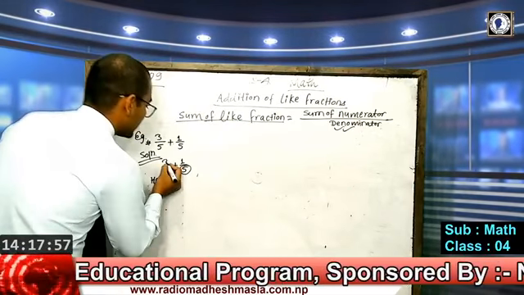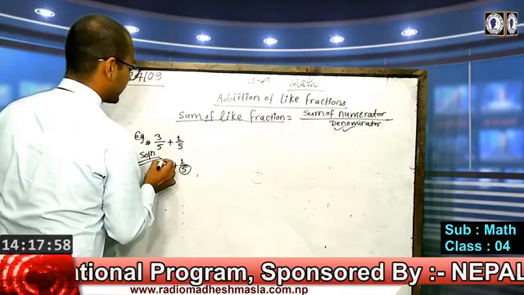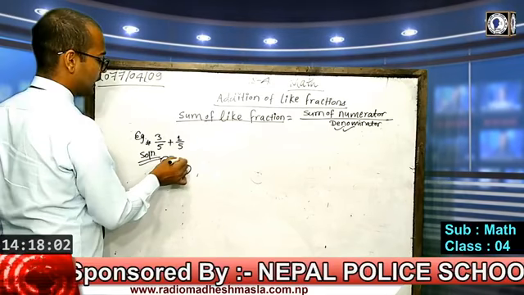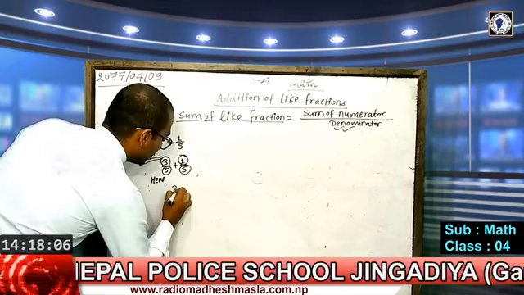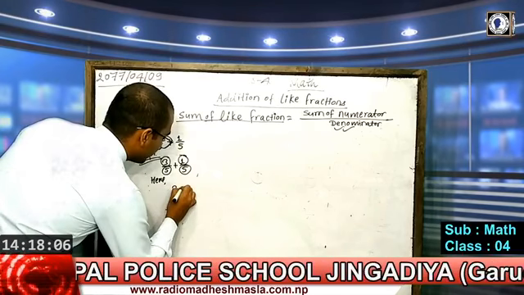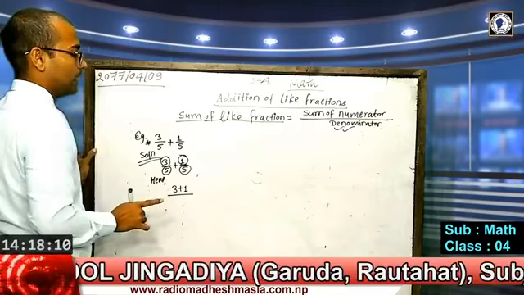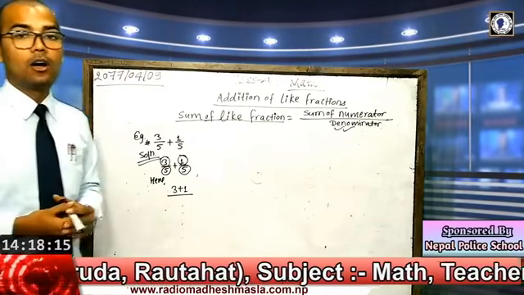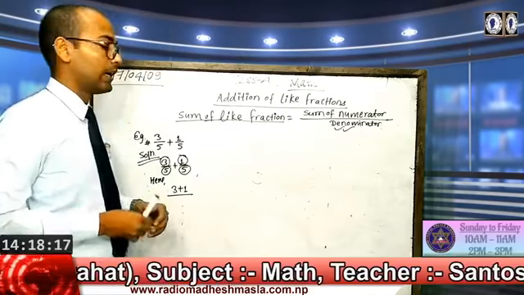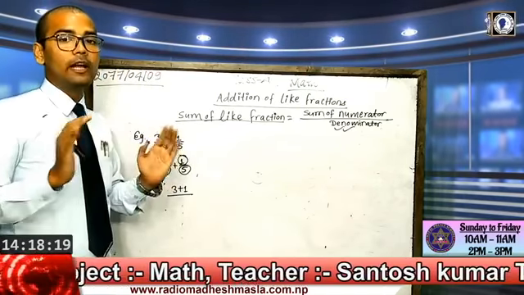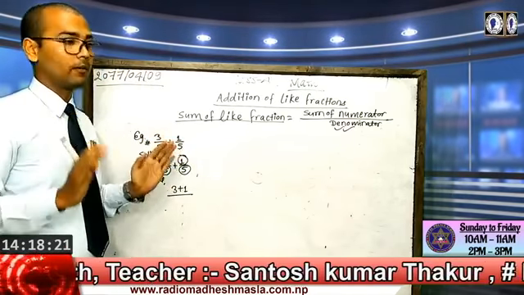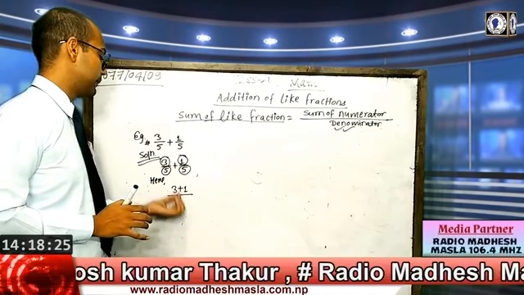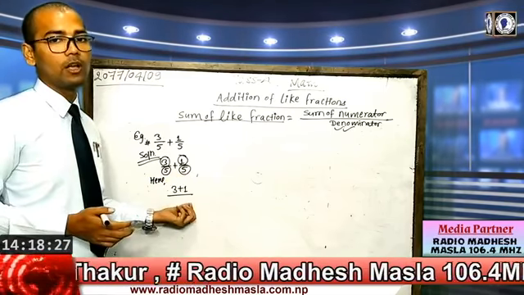What are the numerators of these two fractions? The first one has 3 and the second one has 1. So here 3 plus 1, that means sum of numerators. We should only add the numerators if the fractions are like fractions, and only copy the denominator because both denominators are the same.